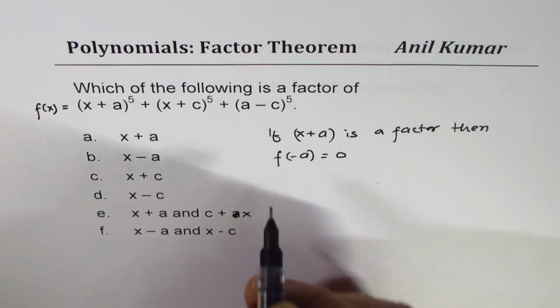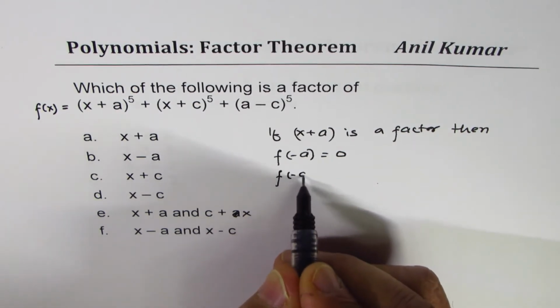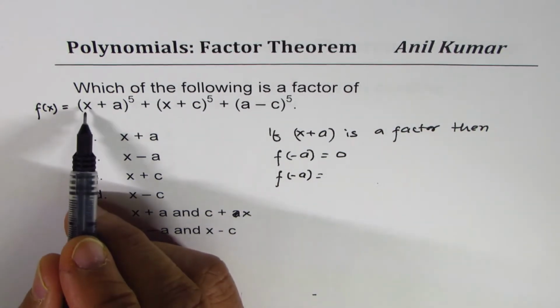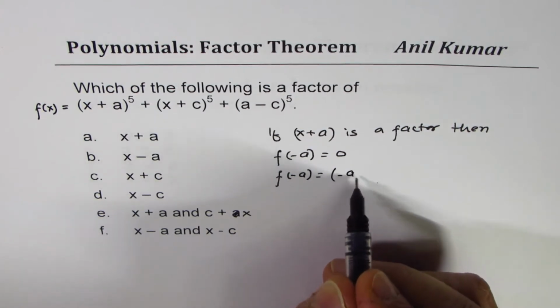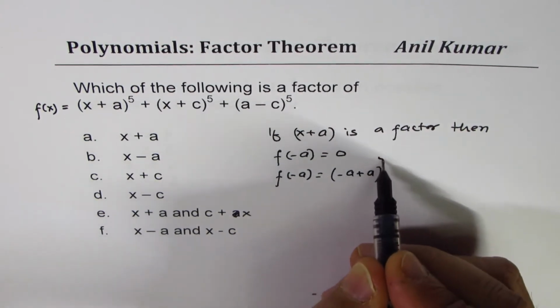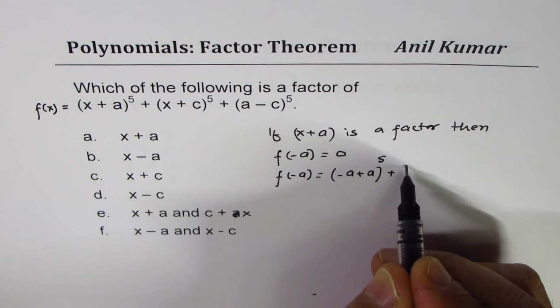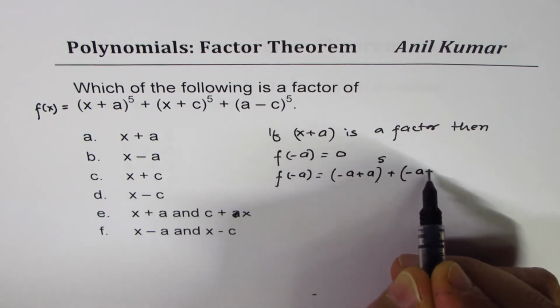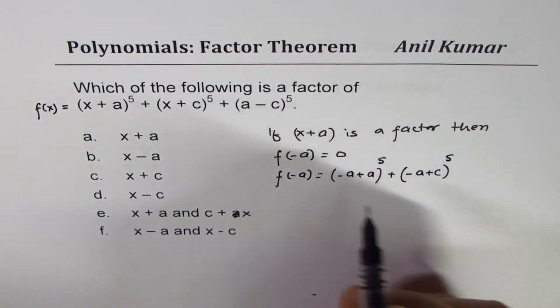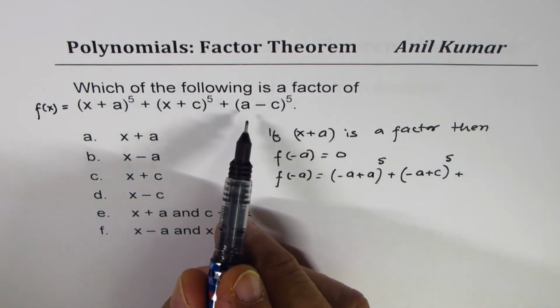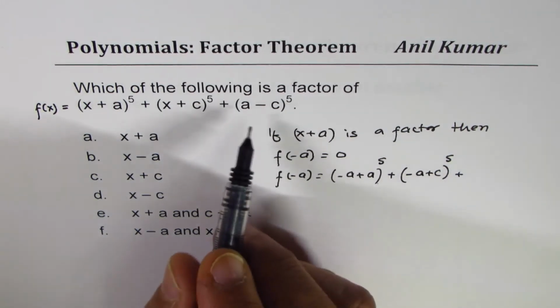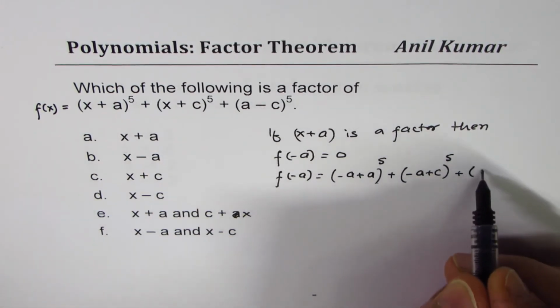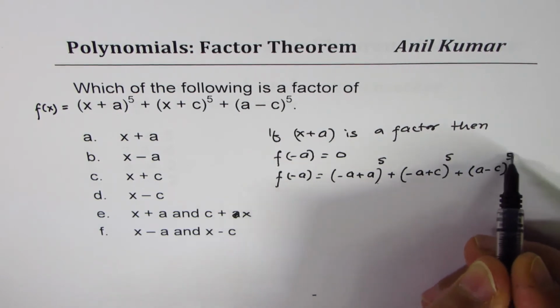So f of minus a is what? Let's figure it out. I'll substitute minus a here. So I get (minus a plus a) to the power of 5 plus (minus a plus c) to the power of 5 plus the last term, which is a constant, correct? It doesn't change. It is (a minus c) to the power of 5.